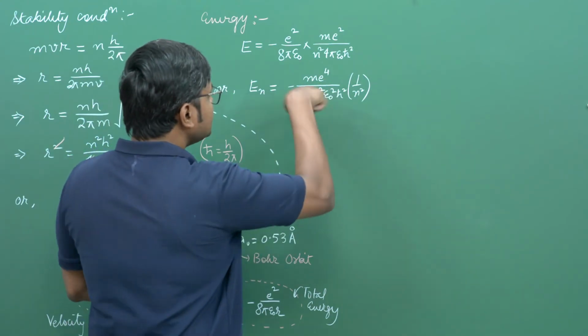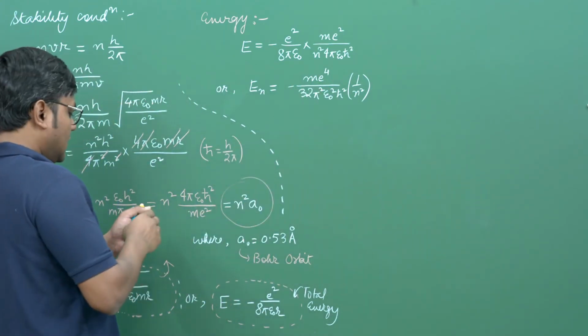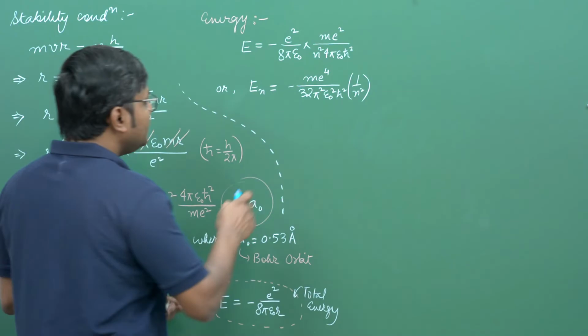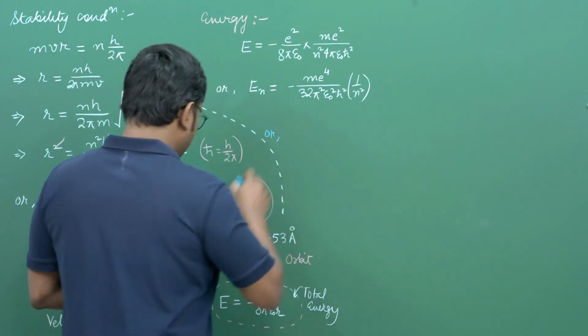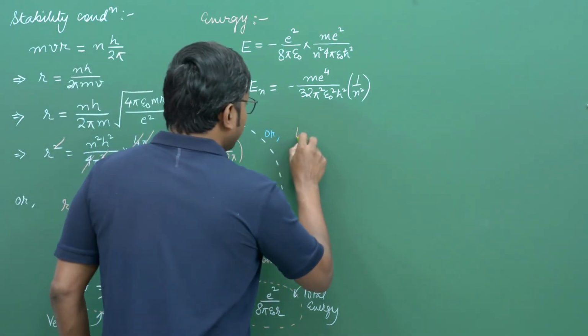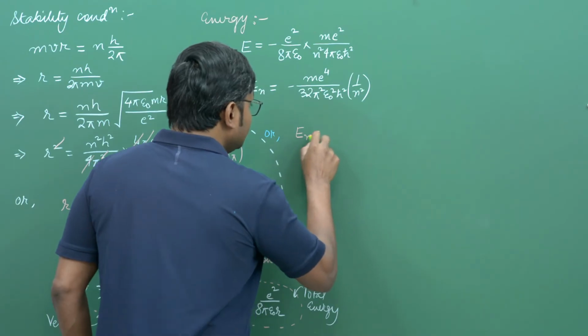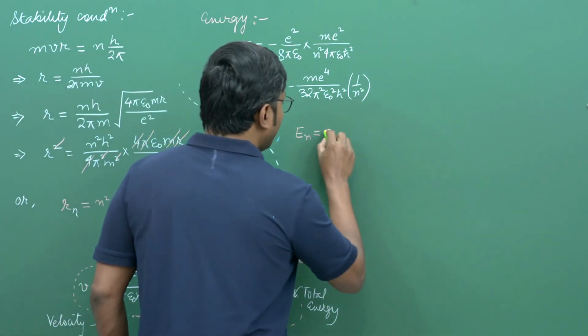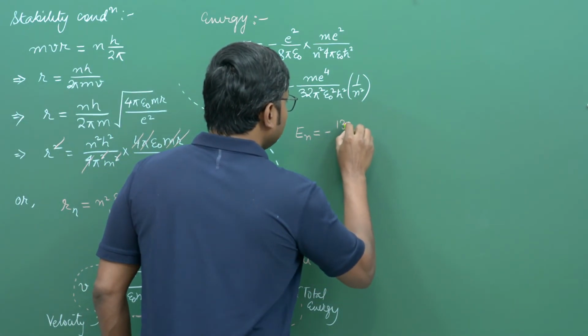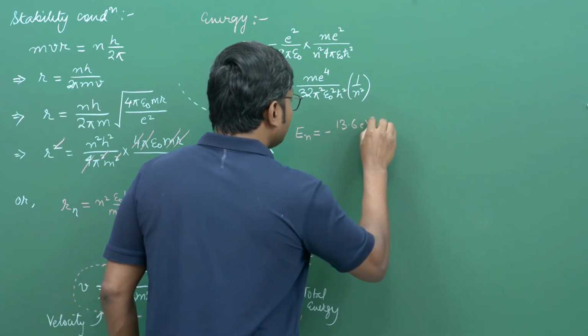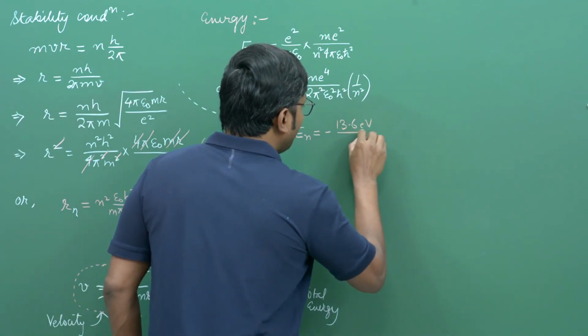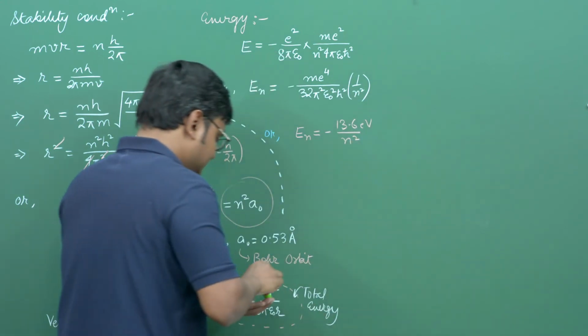But because all of these are constants, if I calculate all these values, what I actually end up getting is that the energies corresponding to these stationary orbits is equal to minus 13.6 electron volt upon n square. That's it.